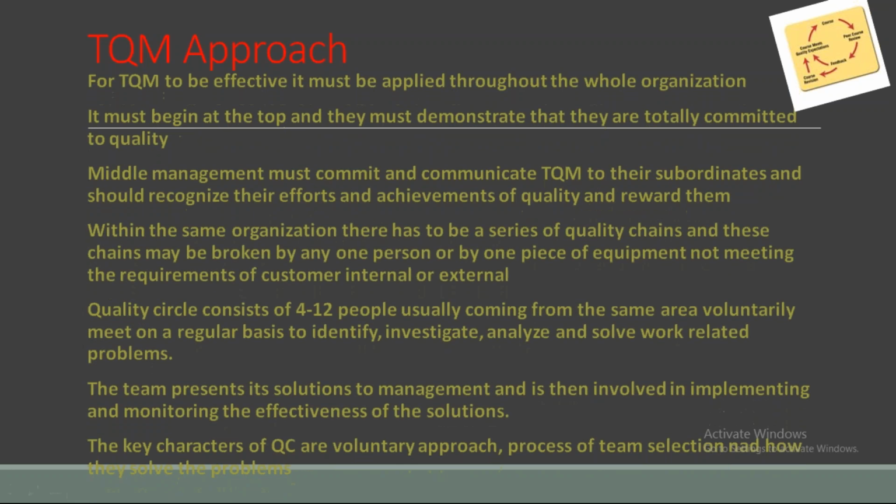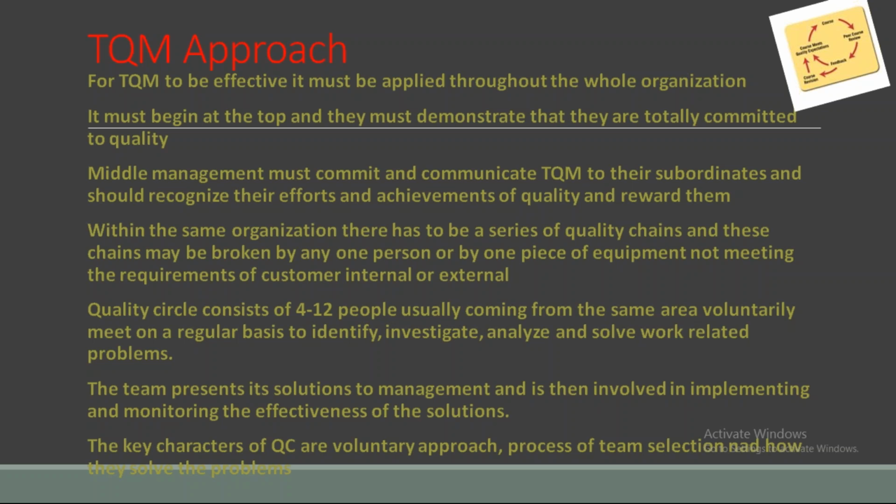So in an organization, whenever we have total quality management, it must be applied throughout the whole organization. From top to bottom, everyone must get involved in the quality processes. The top must totally get committed to this activity.